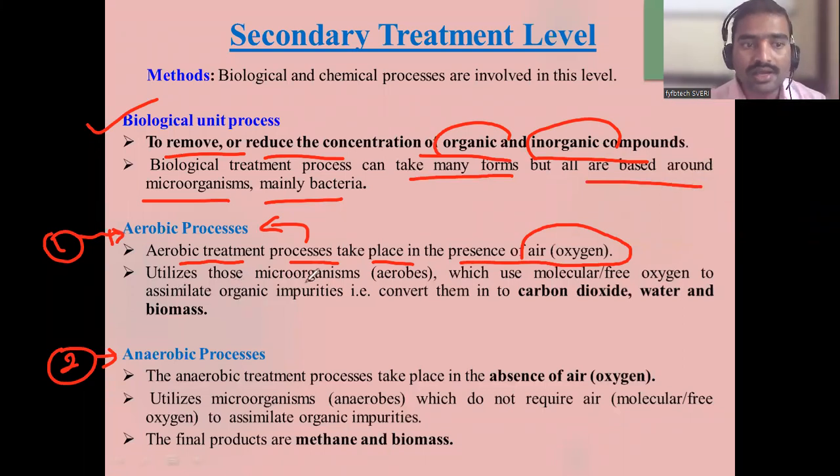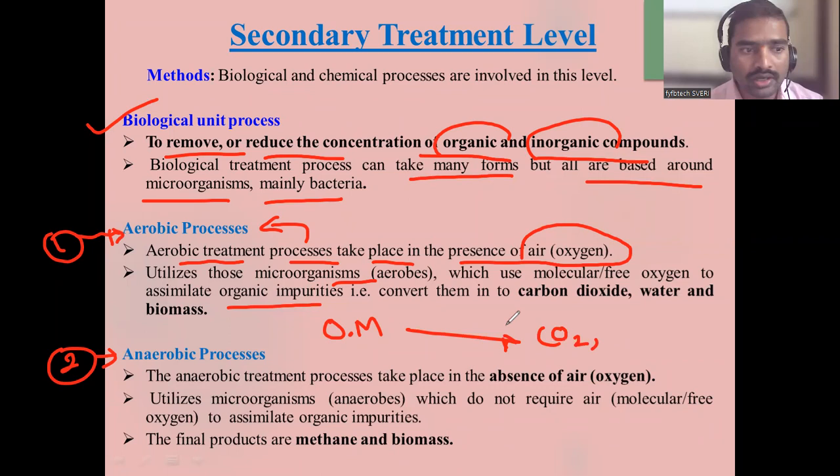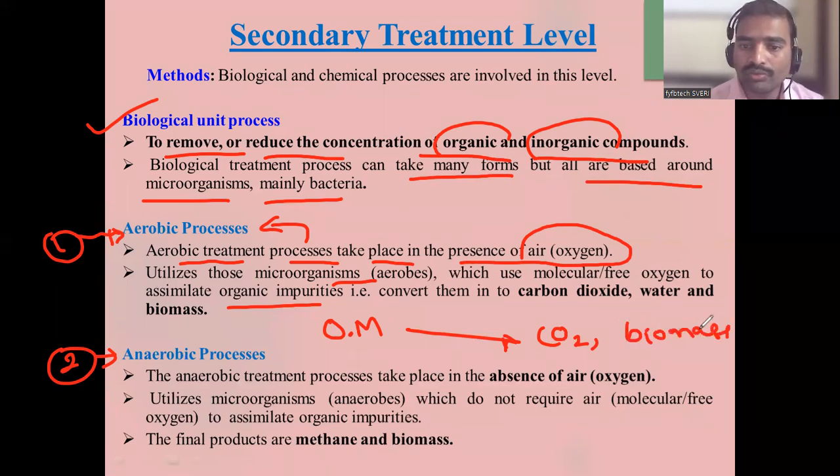It utilizes microorganisms called aerobes, which use molecular free oxygen to assimilate organic impurities and convert them into carbon dioxide. All the impurities, the organic matter, I will take as OM. This organic matter is converted into carbon dioxide and biomass, sludge.